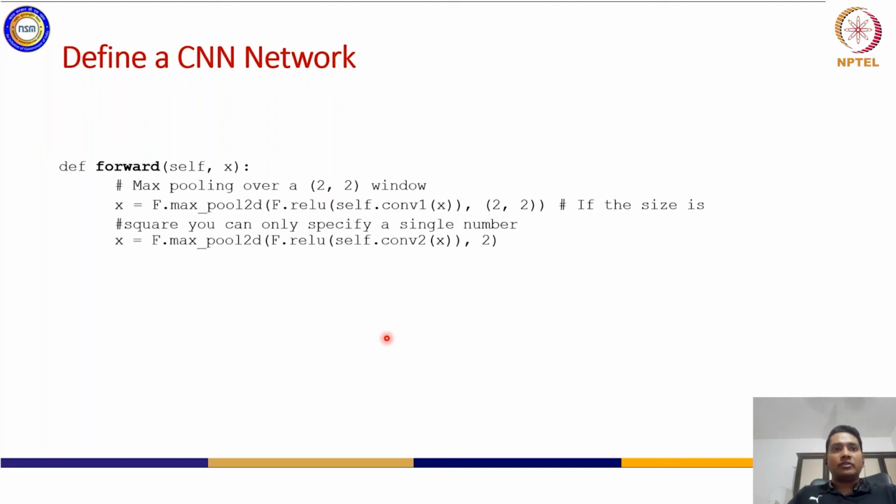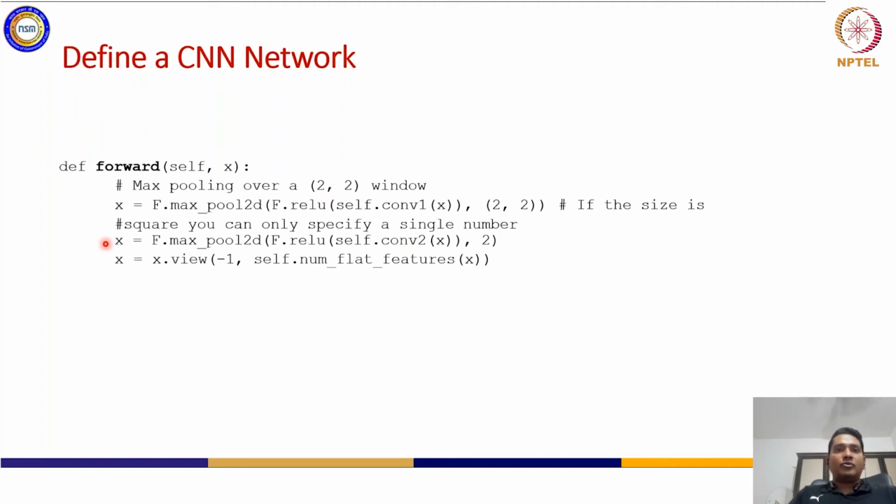If you try to use different names for different inputs and outputs, you will make a mess of the entire network when defining a large network. So X is the input, and the output is X. Again, X is the input and the output is X. That's why you can define it very efficiently. So we define this convolution 2, then apply the ReLU function on it, and then max pool, another subsampling, and X is the output.